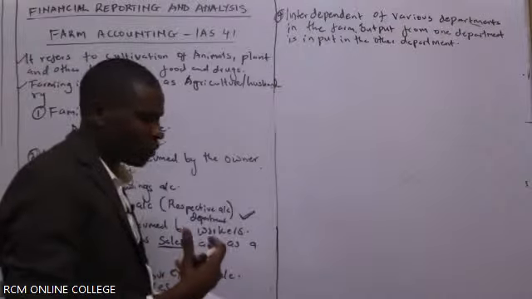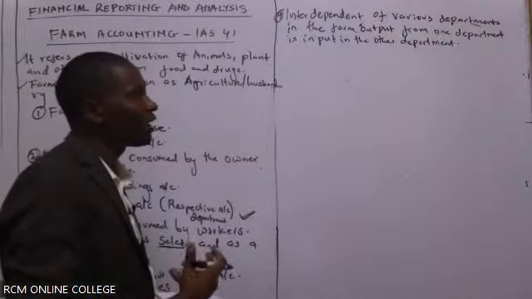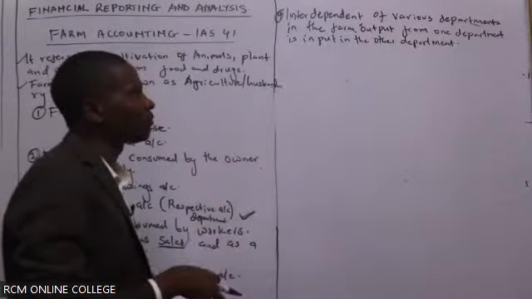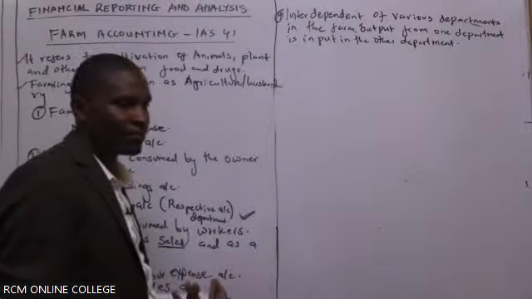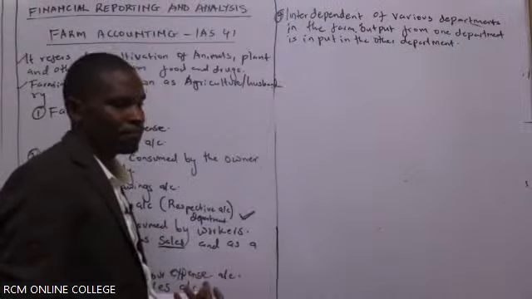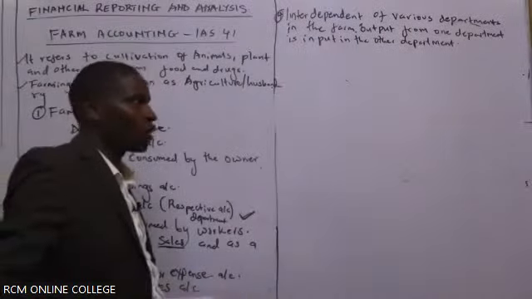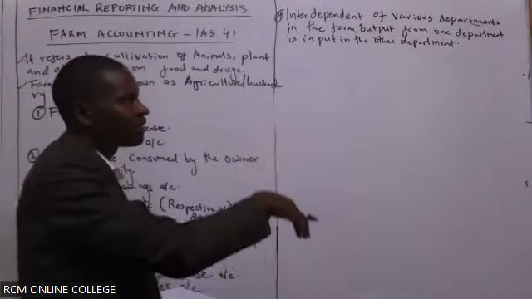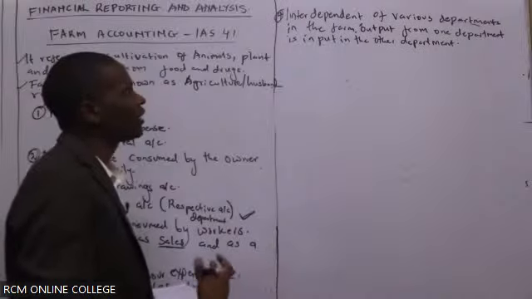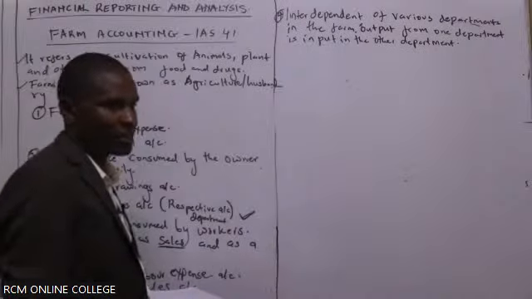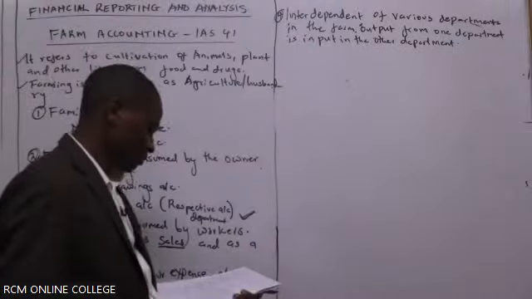Yes, manure is an output from the livestock department, but it is used as an input in the farm. Then the farm can give the maize stock to be used as food for the livestock. That is what we're talking of as interdependent. They're depending on each other.